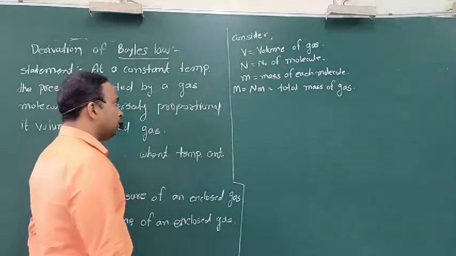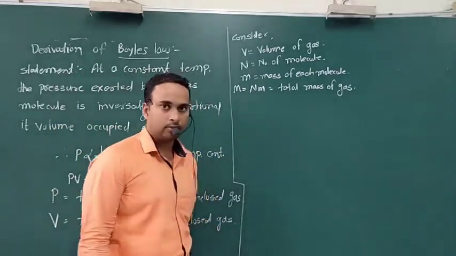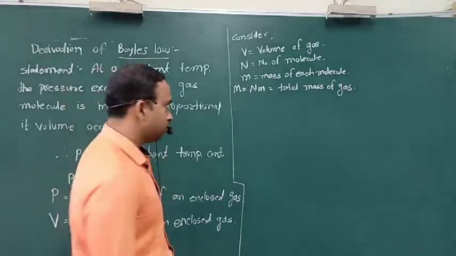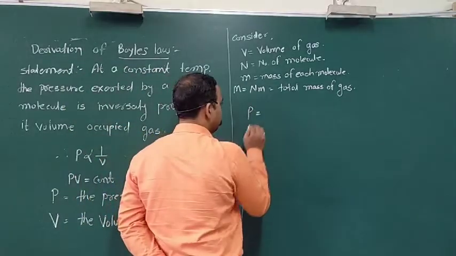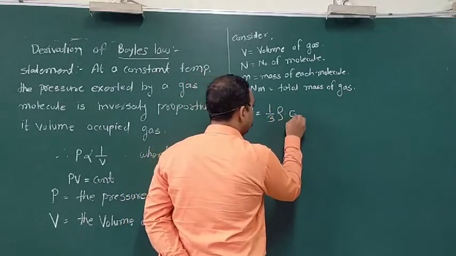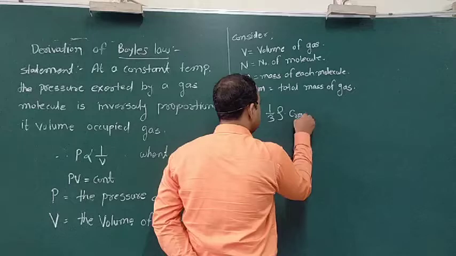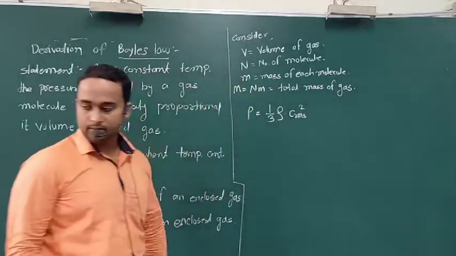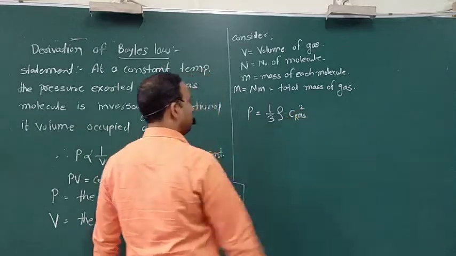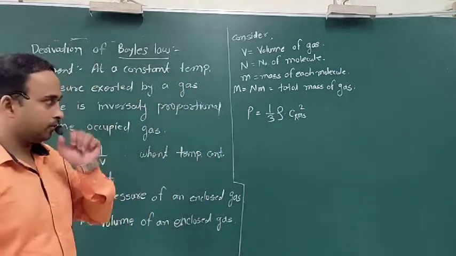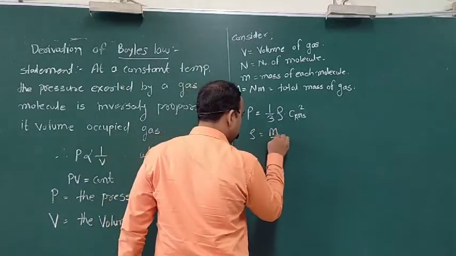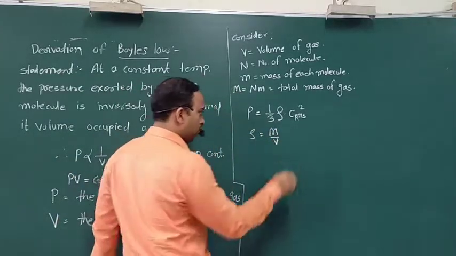Okay. Now in previous lecture we had already derived the formula for pressure. So we know that pressure P is equal to 1/3 rho into C RMS square. Okay. So we know that density is equal to mass upon volume.